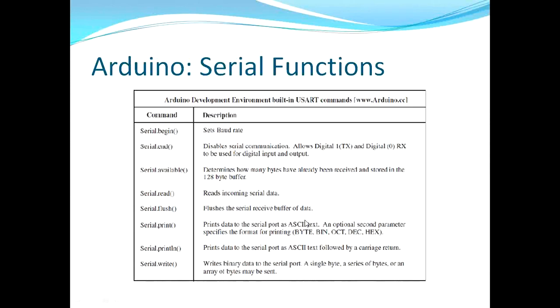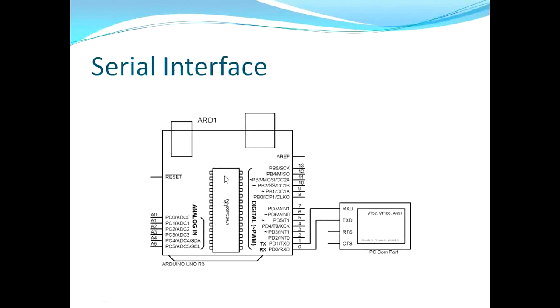To print the data on the serial port, we are using Serial.println. To write the data on the serial port, Serial.write. So these are a few of the functions which are used for the Arduino.